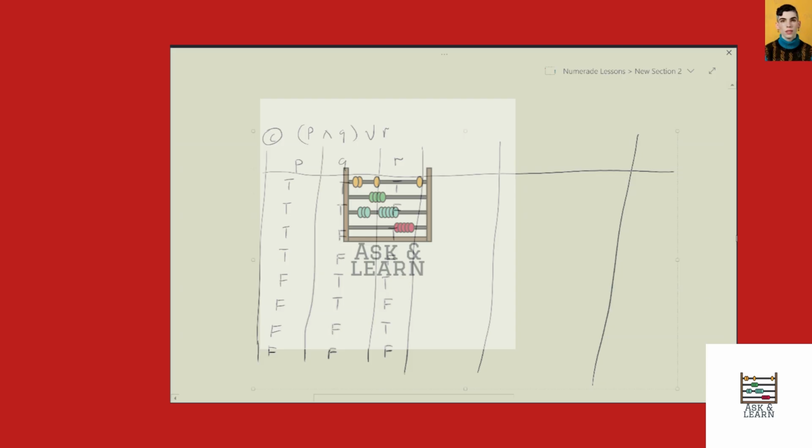All right, so let's go on. Now we'd find the P and Q. Looking at them, the only part that it would be true is when both of them are true. If one of them is false, it would be false.